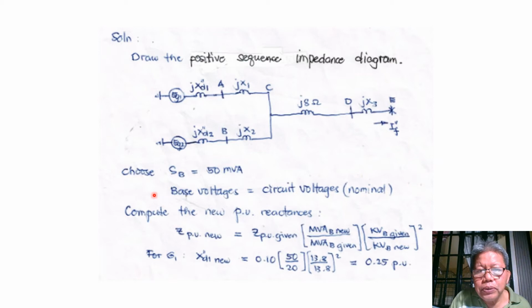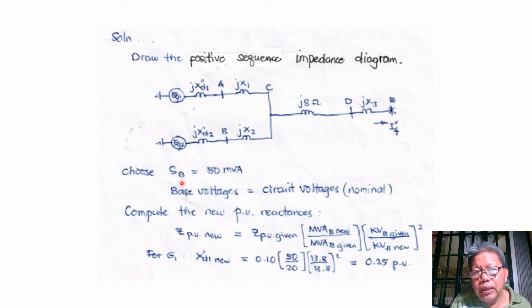So we choose the base to be equal to 50 MVA, which is the capacity of transformer 3, the largest.